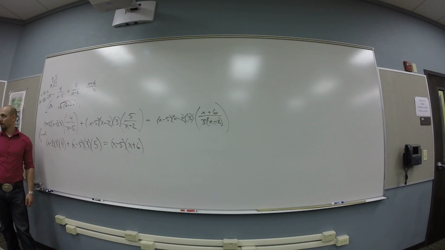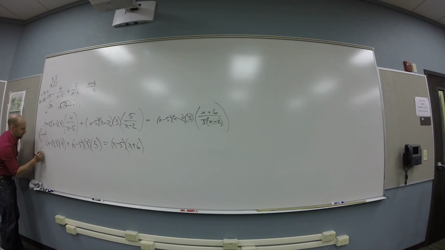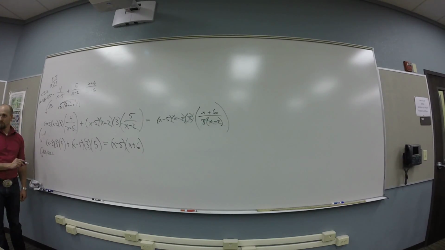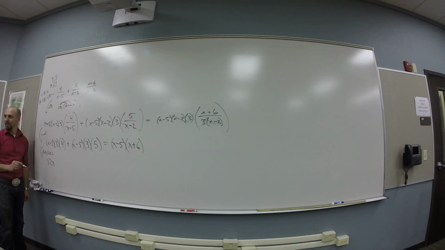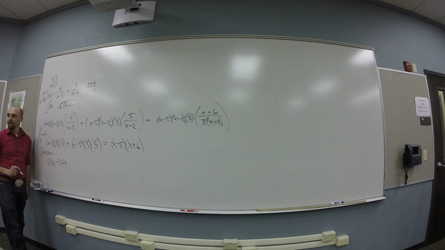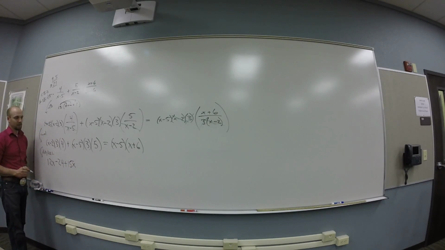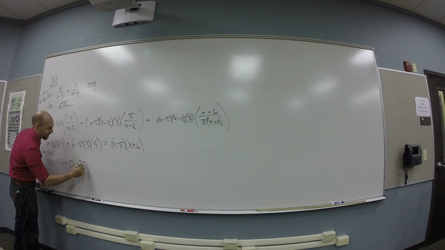Yeah, distribute all this stuff out. So what do I got here? This is distribute slash FOIL. So I'm going to get 12x minus 24 plus, very nice, 15x minus 75.